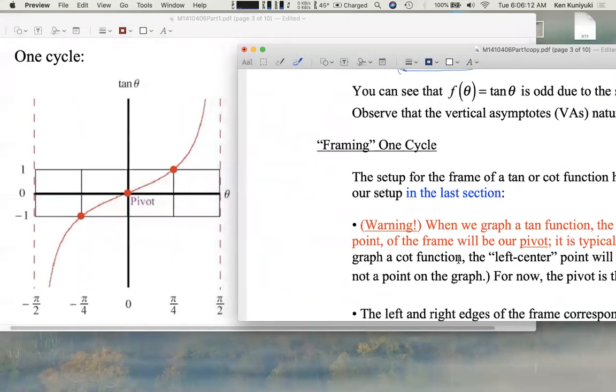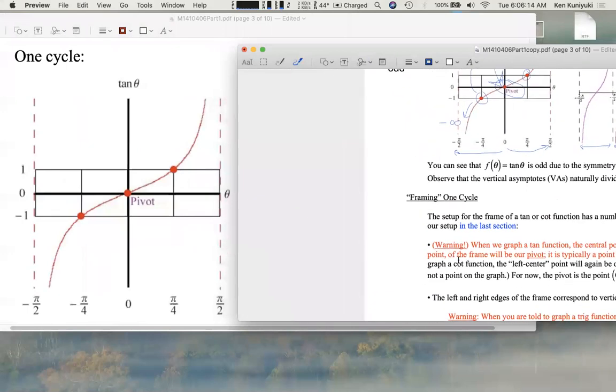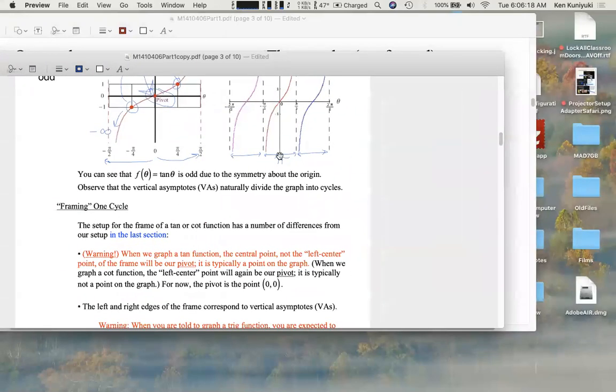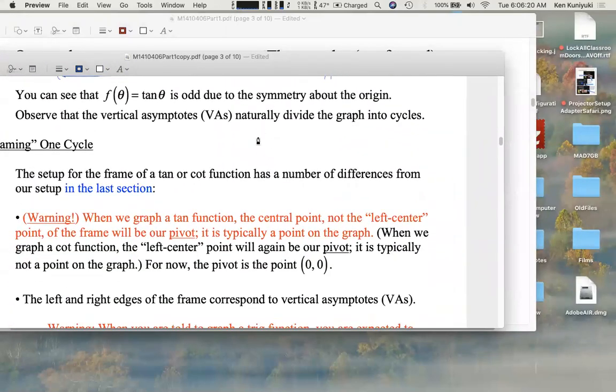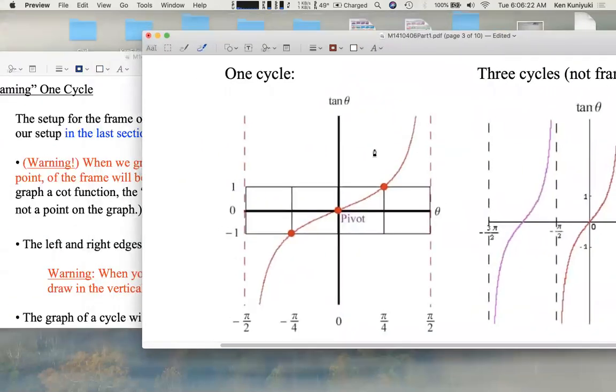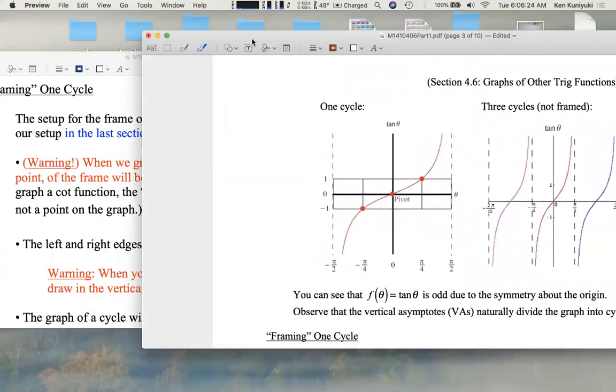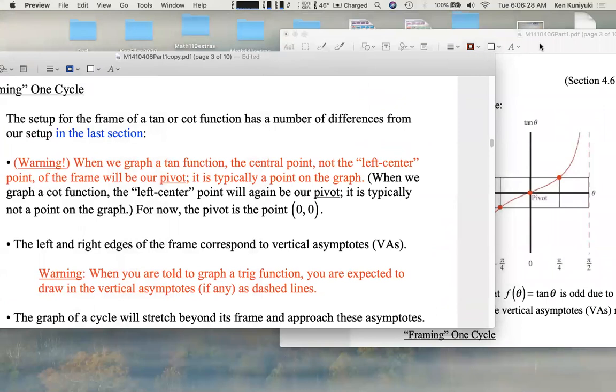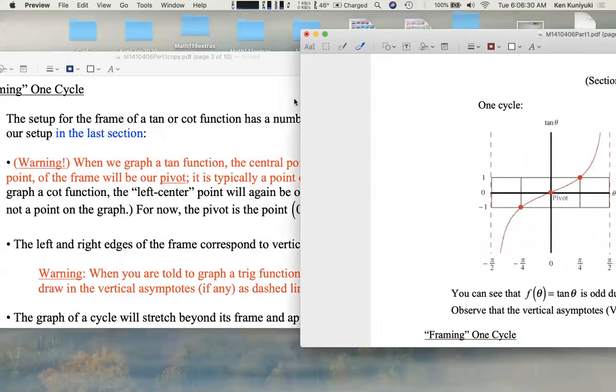What are some key differences with the way we frame this cycle? I'll put the writing over here and put the frame over here.